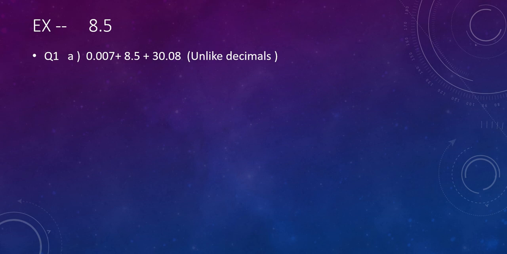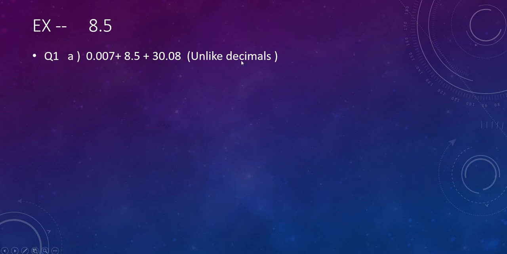Now I am going to start with exercise 8.5, question number 1. A part is 0.007 plus 8.5 plus 30.08. I have written here these are unlike decimals. You just check whether they are like or unlike.